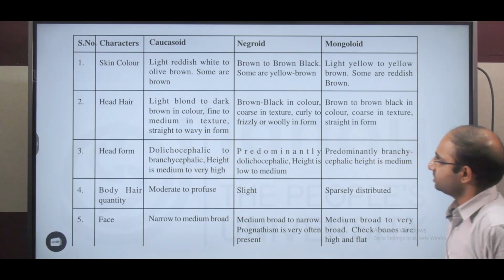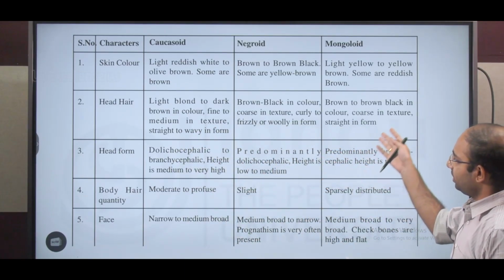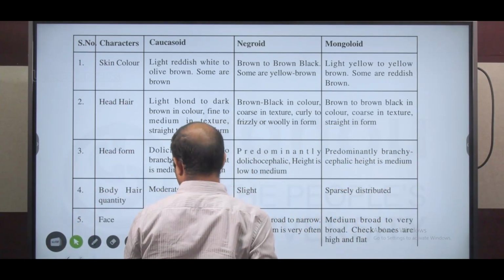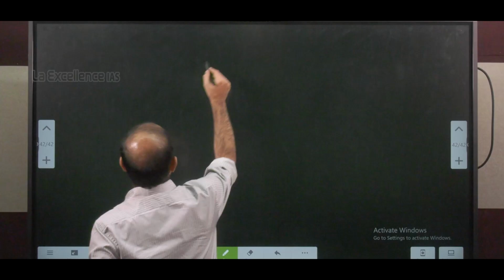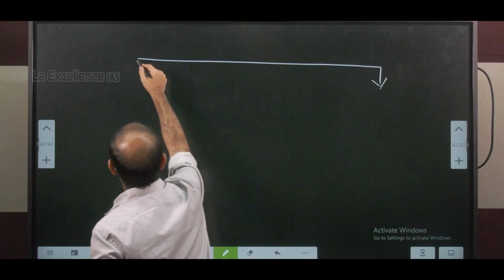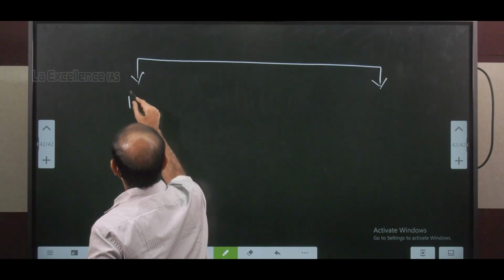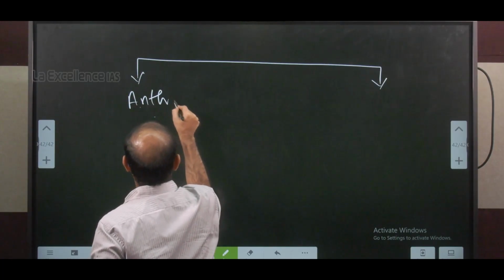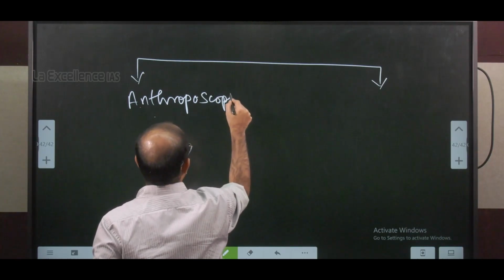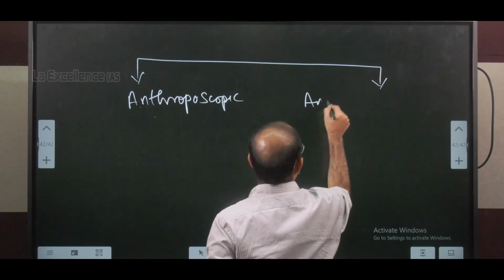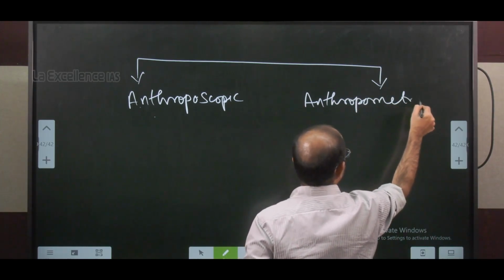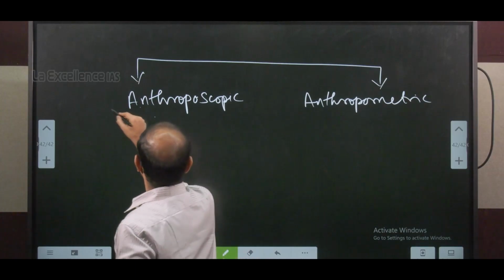The three major races are Caucasoid, Negroid, Mongoloid, and in the table that I gave here, you can find different things. Generally, when we are studying racial variation, racial characteristics, we can classify them into two types. Some are called anthroposcopic. Then we have anthropometric.